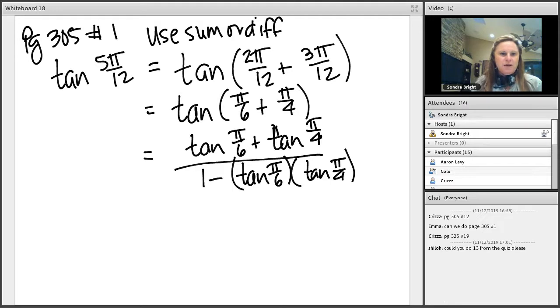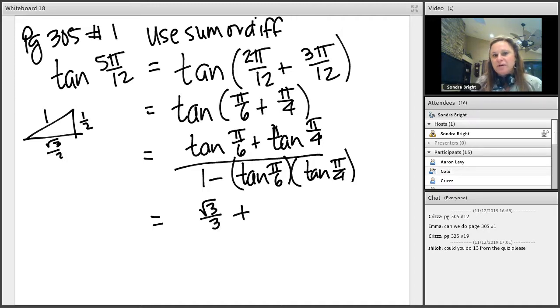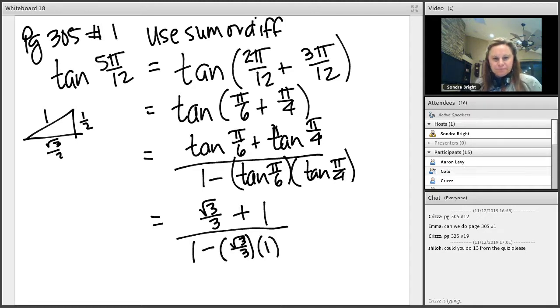All right, so pi over 6 is a 30 degree, and a 30 degree is a short one. And so tangent would be rad 3 over 3. And then tangent of pi over 4 is 1. That's the 45 degree. And then we'll have 1 minus rad 3 over 3, and then times 1.